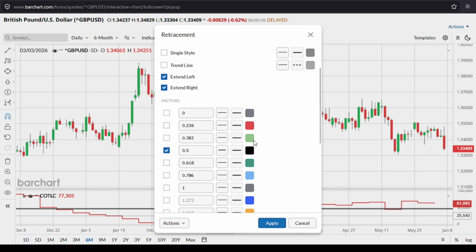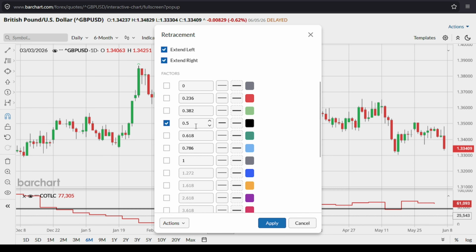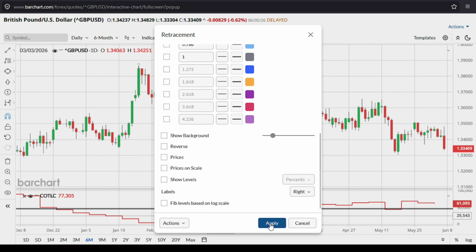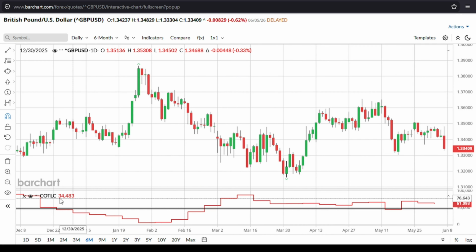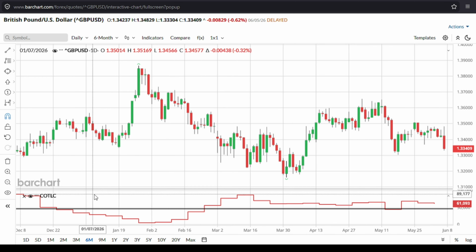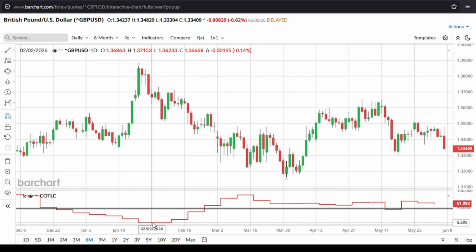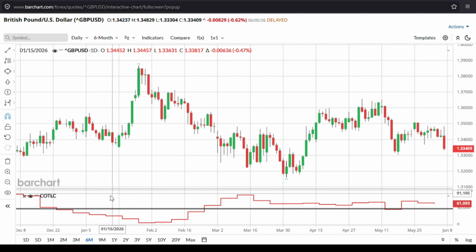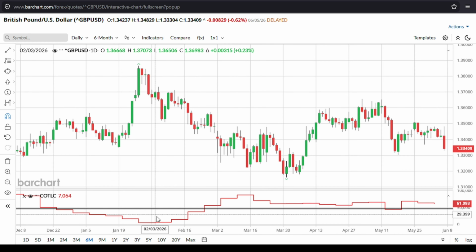When you pick the fib tool, we are going to make sure that we have only the 50% selected, as this is how ICT does its hedging method. It picks the highest high in the previous 6 months or 1 year. We are using 6 months for this, and the lowest low of the commercial spec or the commitment of traders chart. So after bringing out the graph, we'll now take the highest high and the lowest low and divide it by 2. So this is now going to be our new zero line.